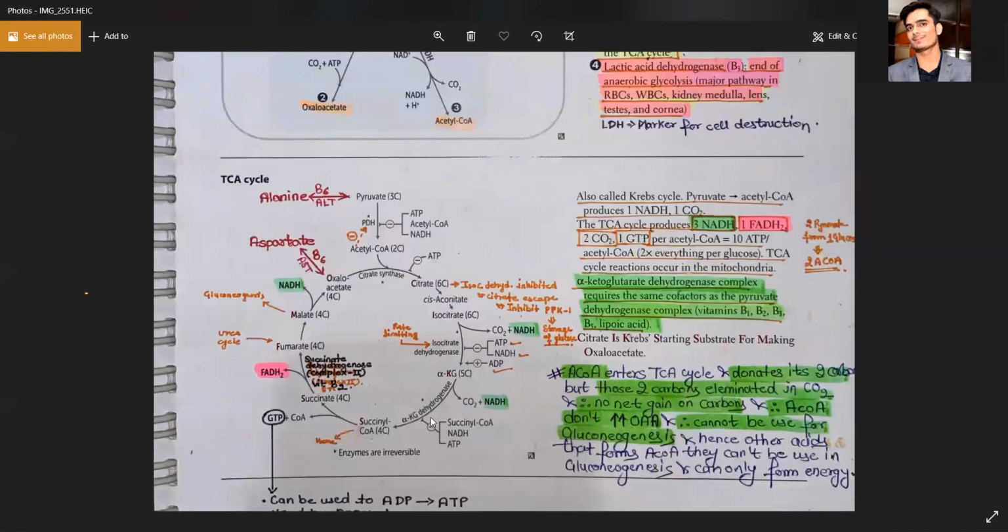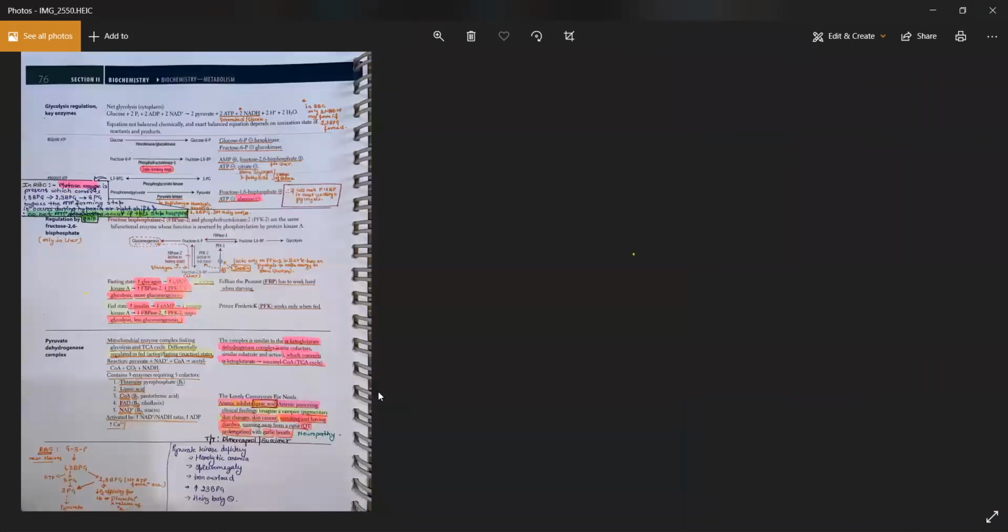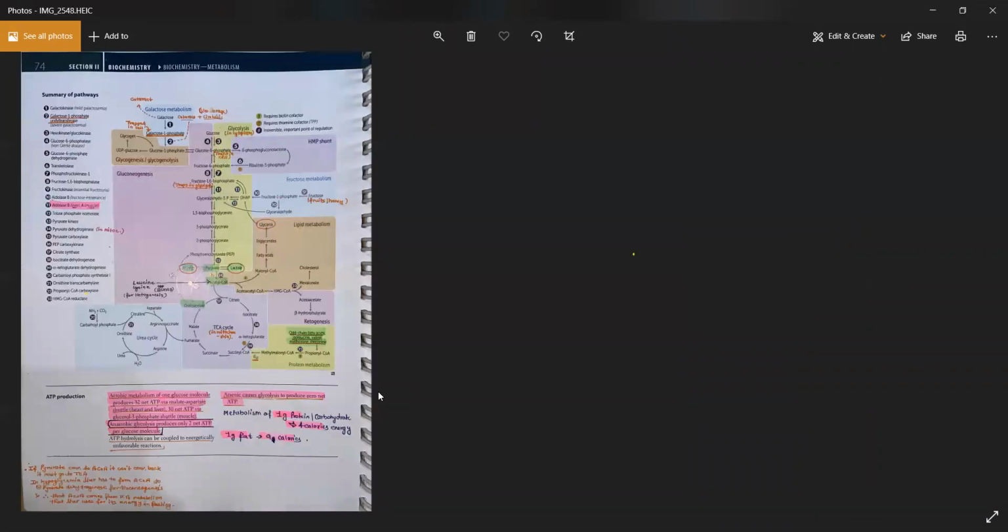Then you should know that the conversion of this succinyl coenzyme A into the succinate forms this GTP molecule. And this GTP molecule can be used as the ATP. And it can also be used by this PEPCK enzyme, which converts this oxaloacetate into the phosphoenol pyruvate, like here.